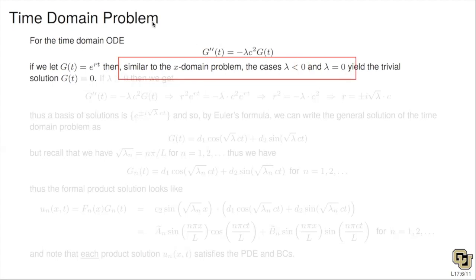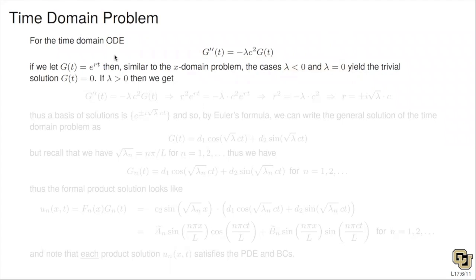Actually, we don't even consider these cases at all because we already eliminated them when we looked at the X domain problem. From the X domain problem, we already know lambda sub n equals n pi over L quantity squared. So this sentence is true, but unnecessary. We wouldn't recheck these two cases. We already know these are not eigenvalues.